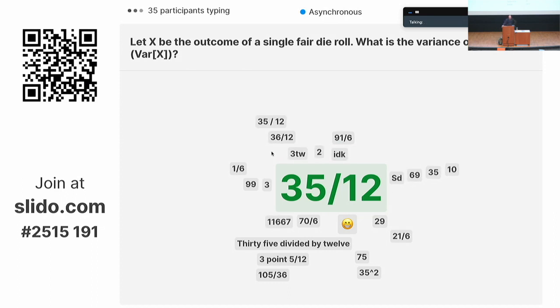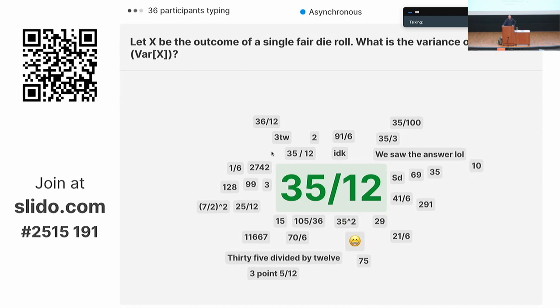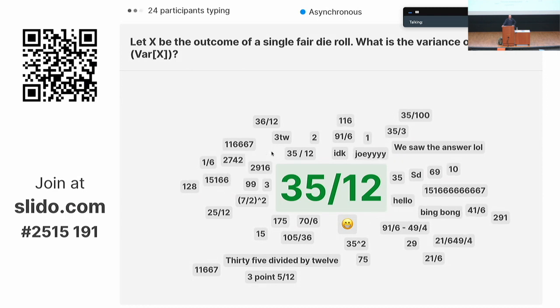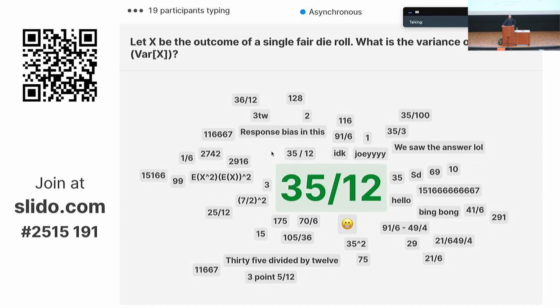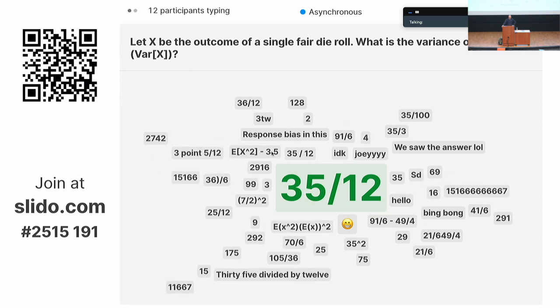Nailed it. Okay. As you're getting it. It doesn't allow you to do decimal points in Slido. That's weird. You did see the answer. Good point. Okay. All right.